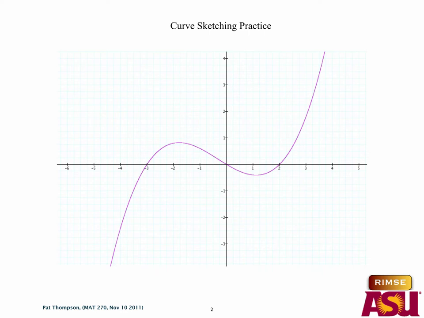Okay, so what I want you to do is to take this curve and imagine that this is the curve of the rate of change of a function f. So this is the rate of change function, and I want you to draw or sketch roughly the corresponding accumulation function given that it goes through this point. So let's say that this point, (0, 2), is on the graph of your accumulation function, and this purple graph is the graph of your rate of change function.